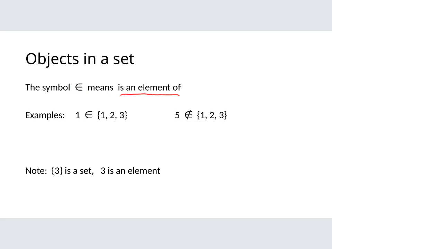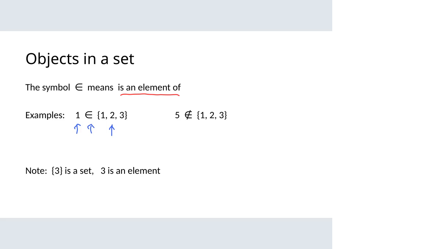If we have this sentence, 1, that symbol, the set {1, 2, 3}, we're saying that 1 is an element of the set {1, 2, 3}. It's in there. That's what makes it an element. It's nothing that you need to overthink. If it's in there, it's an element.